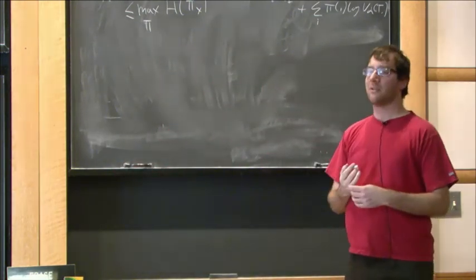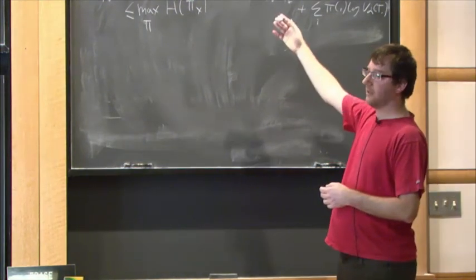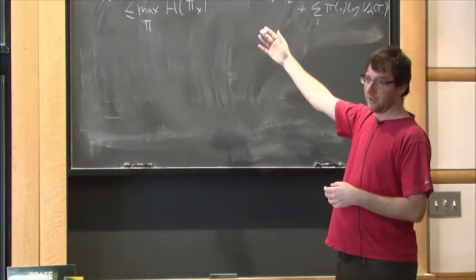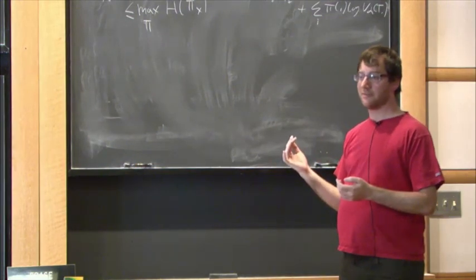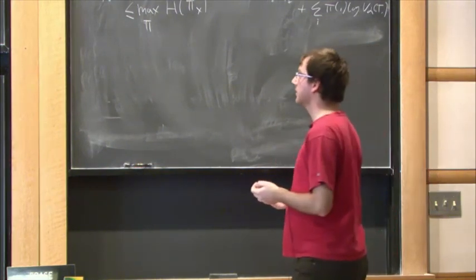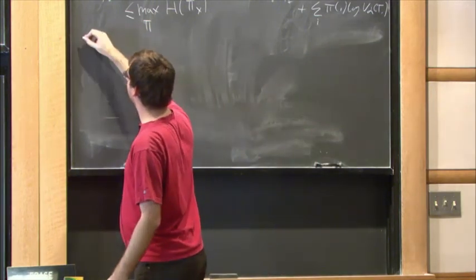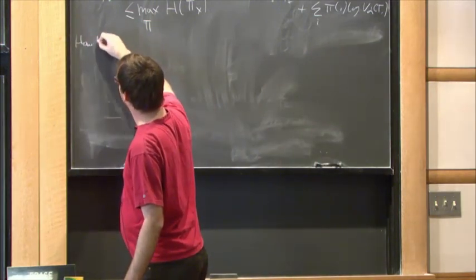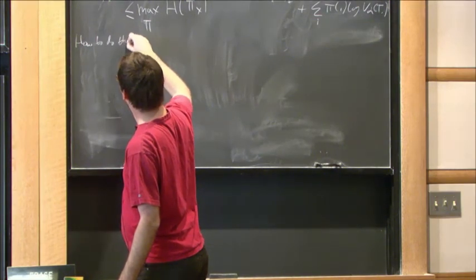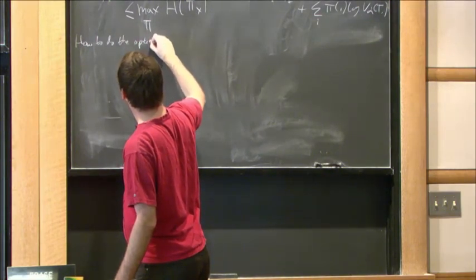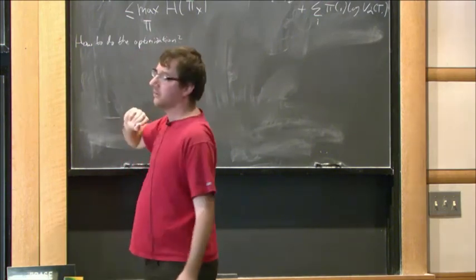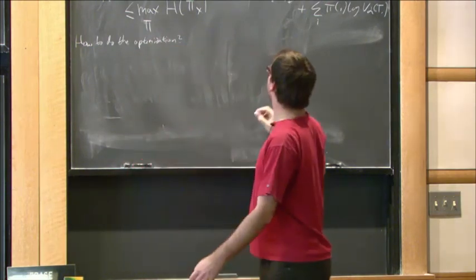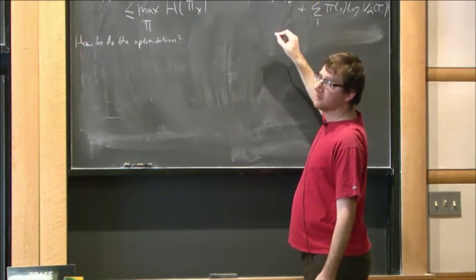Okay, so now I'm going to tell you how to do this optimization, and then how to generalize this to higher powers. Okay, so how do we do the optimization? We will start by understanding this condition.